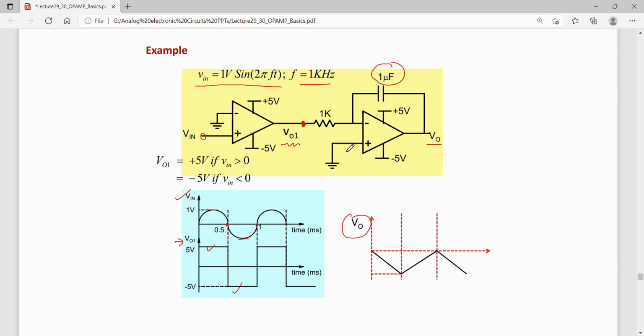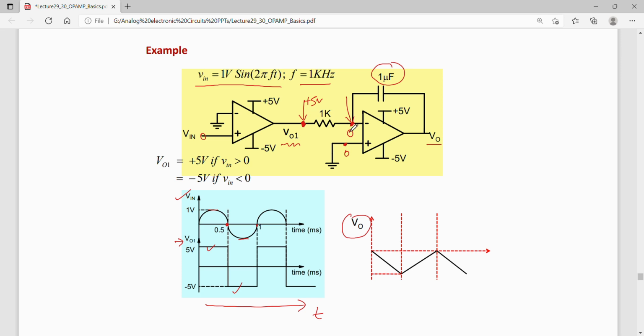One can understand from here that this node is at 0, so this node should also be at 0, and for VO1 I am applying plus 5 volts and minus 5 volts. Let us say this is a constant 5 volts for a time period of 0.5 milliseconds.